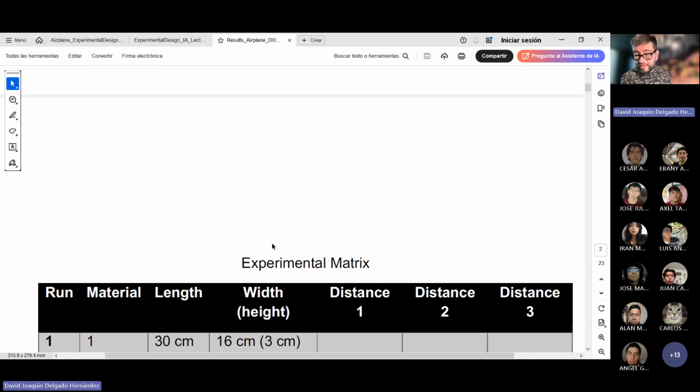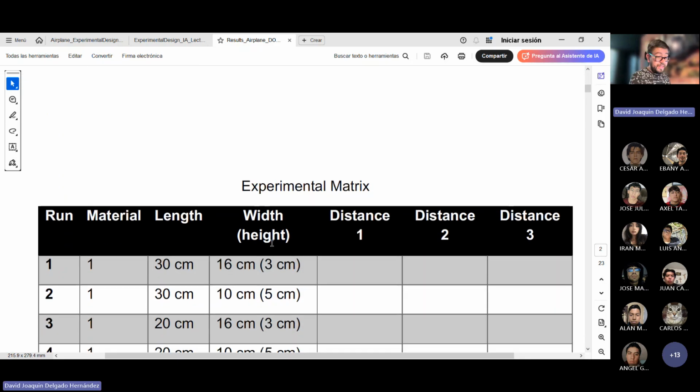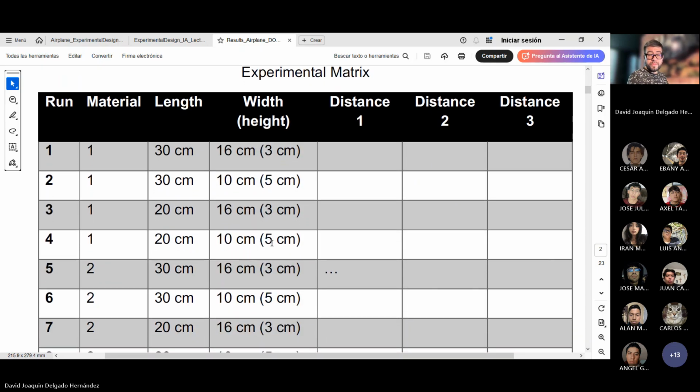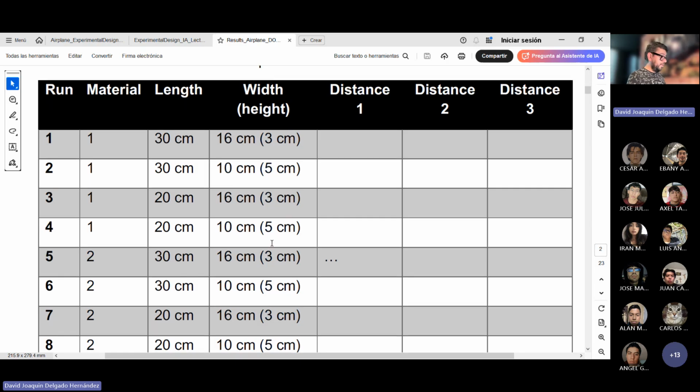What is the experimental matrix? Here we are going to put all the 8 different combinations. So in the first run, I will combine material 1 with the first length, which is 30, and with the first width, which is 16.